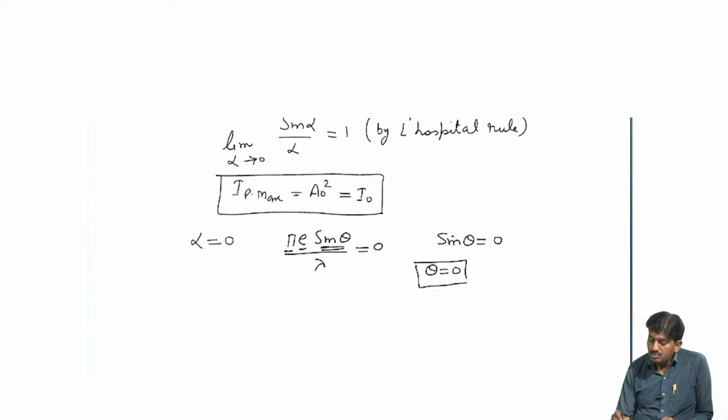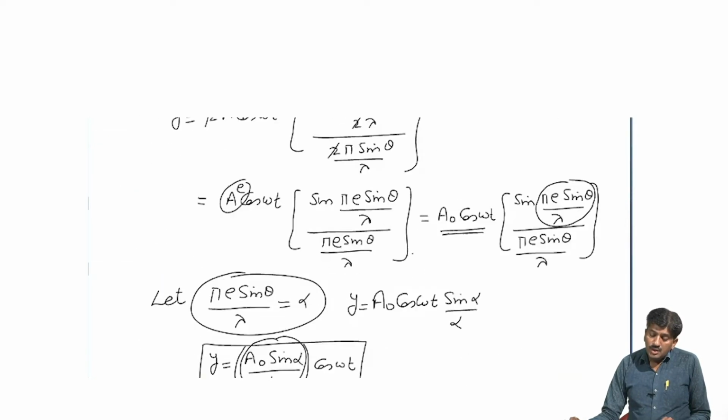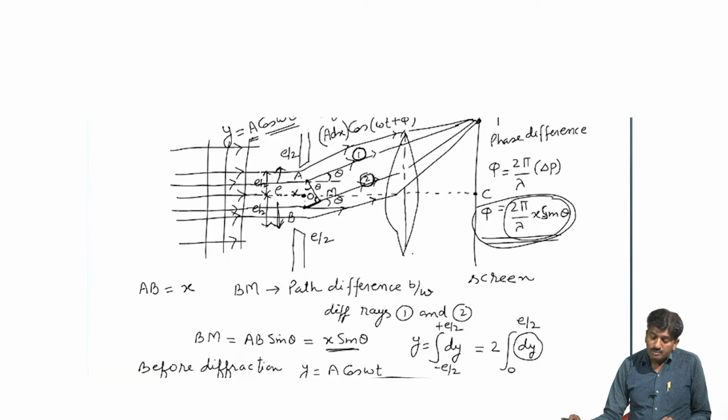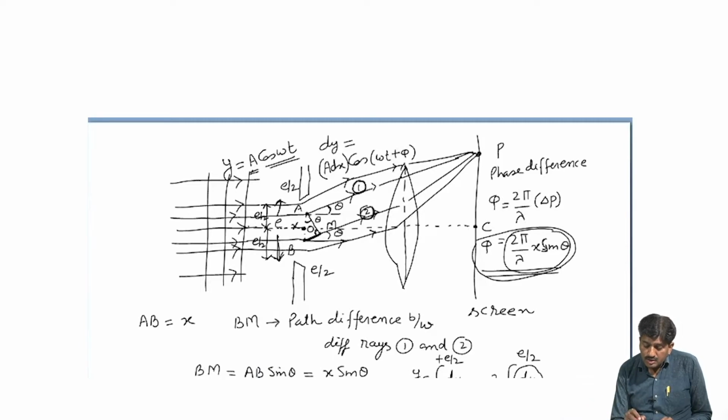The condition of principal maxima is theta equal to 0. It means if we see the ray diagram, the ray that is incident passes through the slit without any deviation, and it represents the position of principal maxima.